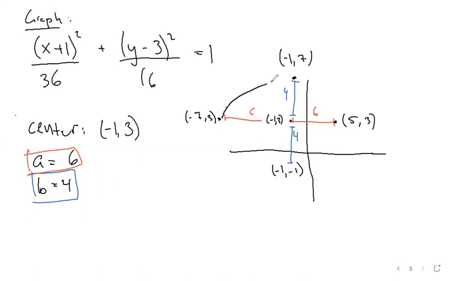And then you can connect these up. Mine doesn't look great, but I'm not really going to be judging how nice your ellipse is. I'm going to be judging how right your points are. Okay, hopefully that's clear.